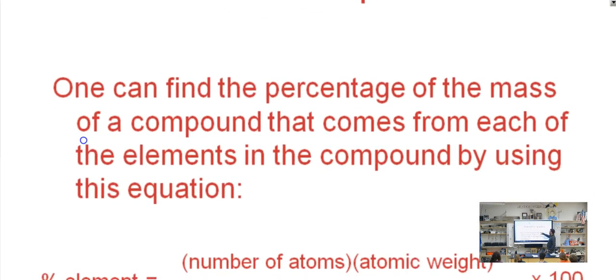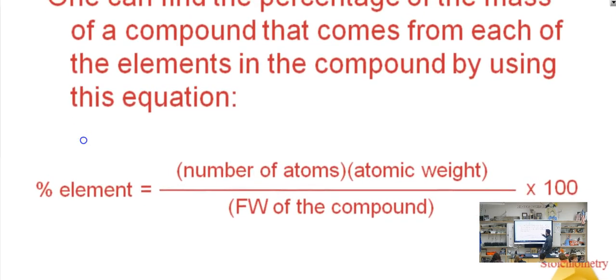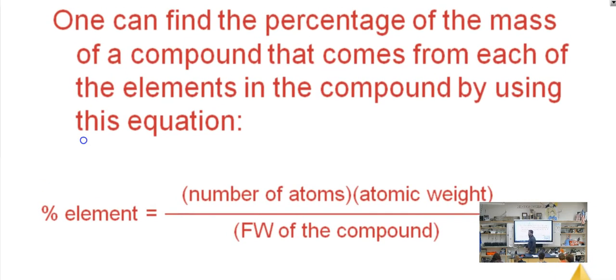One can find the percent mass of a compound that comes from each of the elements in the compound by using this equation. The percent of the element is the number of atoms times the atomic weight divided by the formula weight of the compound.